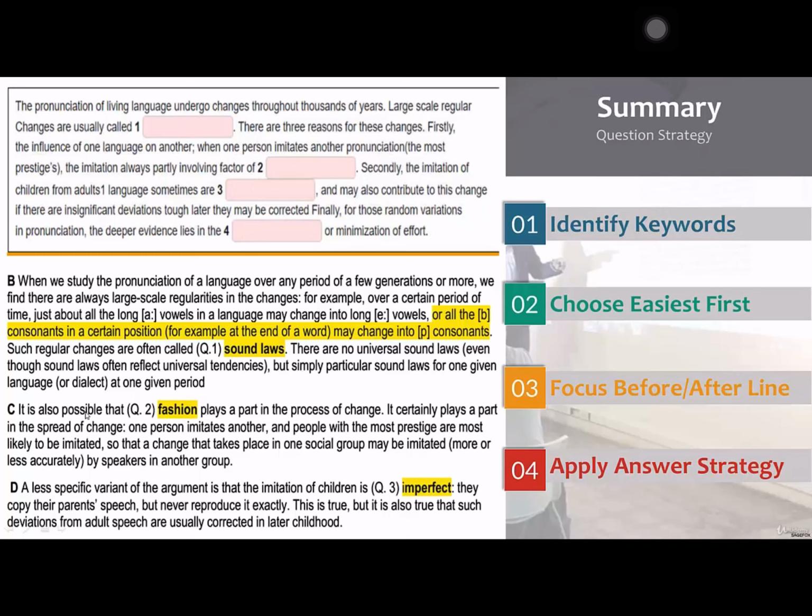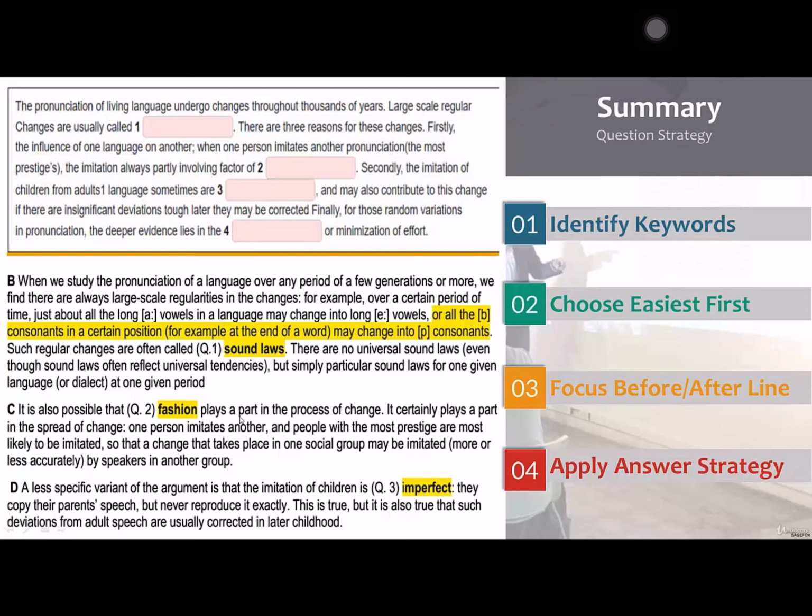It is also possible that fashion plays a part in the process of change. So the answer is fashion. Plays a part is a synonym for involving a factor of. That's why I'm always telling you, pay attention to the language before the blank line. Plays a part is a synonym for involving a factor of.